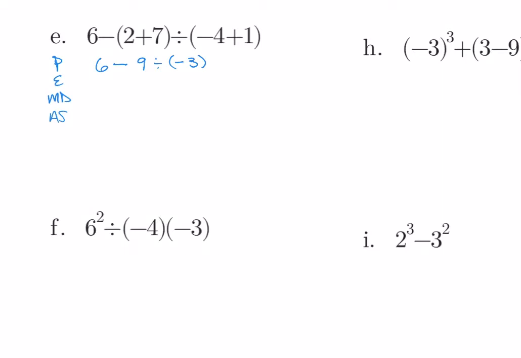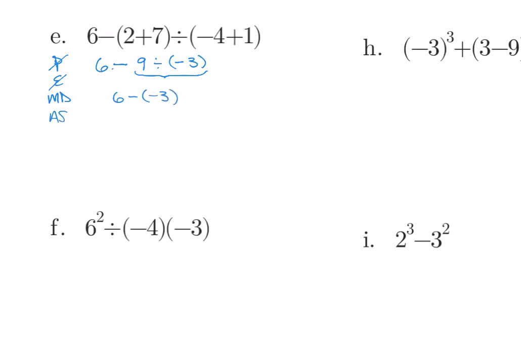All right, so let's go ahead and keep going. We have no exponents. So we want to take care of divisions. Now this, we can actually do two ways. We can think of this as 6 minus 9 divided by negative 3 is negative 3.